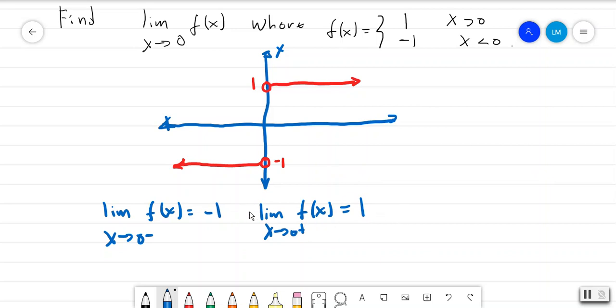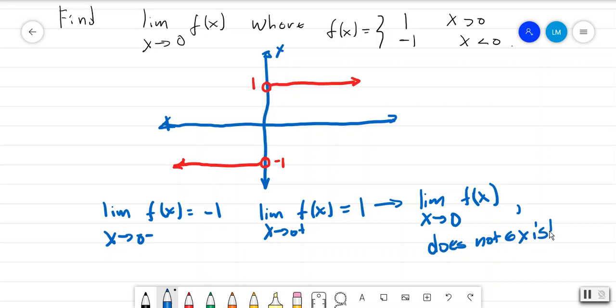They're not equal to each other. So that implies that the limit as x approaches 0 does not exist.